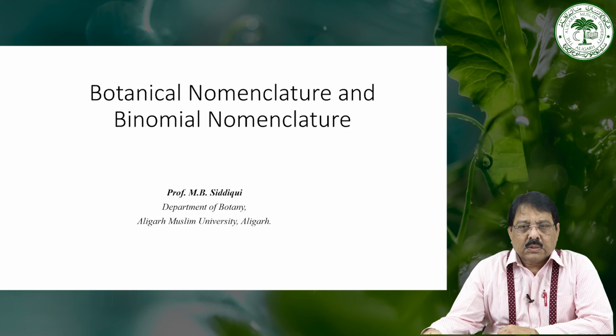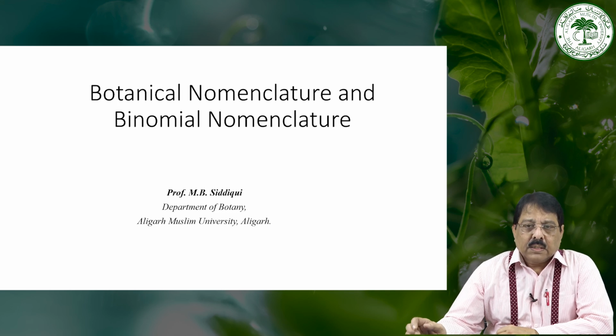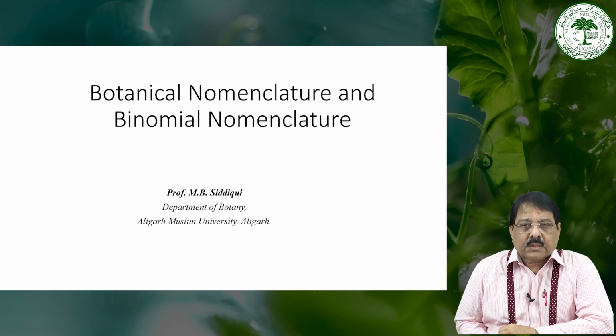Without knowing a particular name of the plant, which must be known all over the world with a single name, the plant doesn't have any importance, and until and unless it is published by a real botanist, the name must be selected from the Latin language.